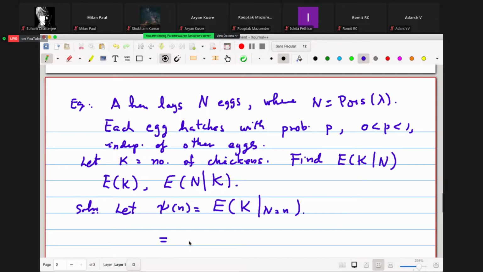This is equal to, now this is something easy to find. You see, we can do it explicitly.